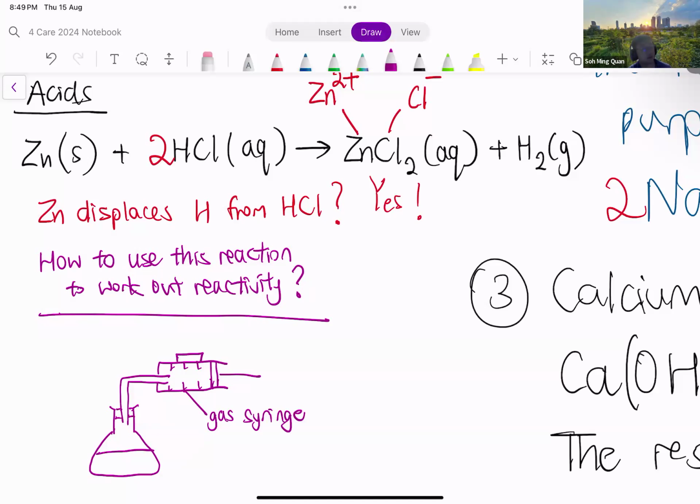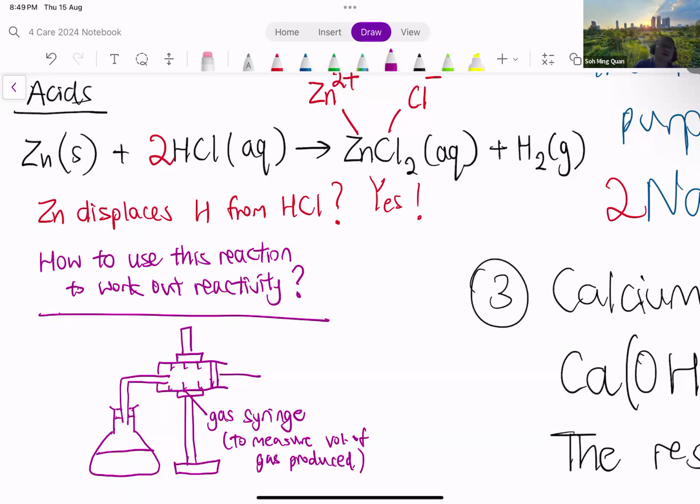Because the gas syringe must have a retort stand to clamp it. This is a typical setup to measure the speed of a reaction where a gas is produced. So the gas syringe, of course, is to measure the volume of gas produced.